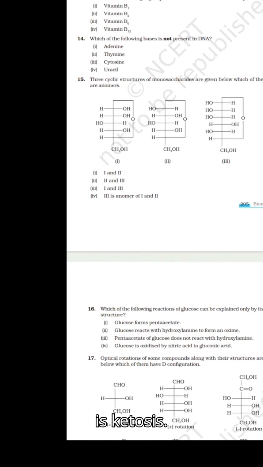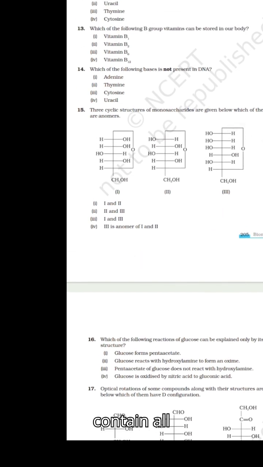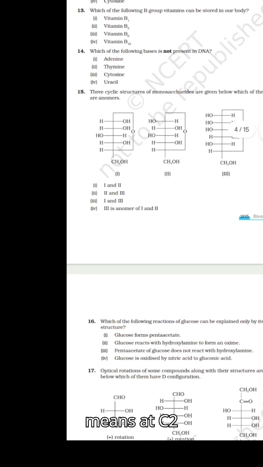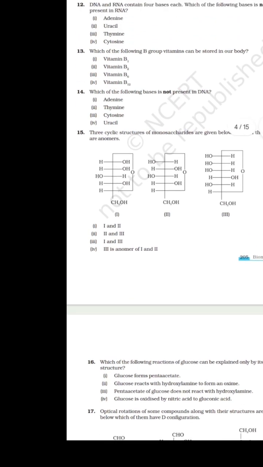Aldoses contain an aldehyde group, that is CHO, at the C1 position. Ketoses contain a carbonyl group, that is a CO keto group, at the C2 position. So they differ particularly at two carbon positions, C1 and C2.